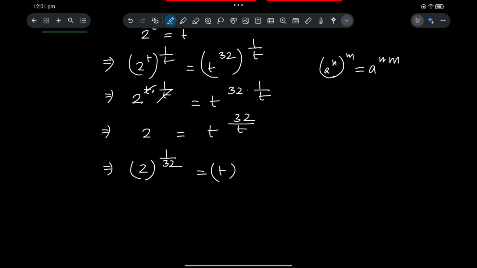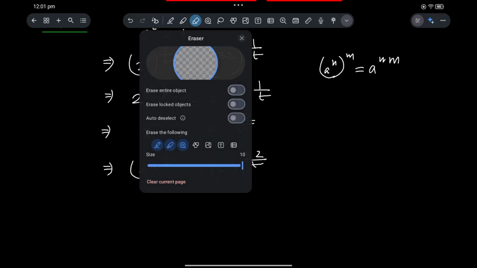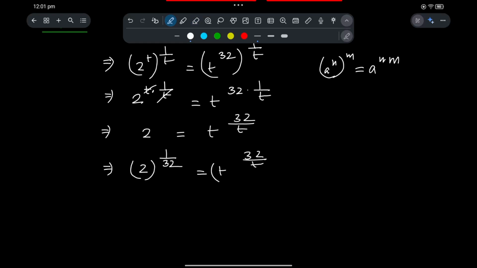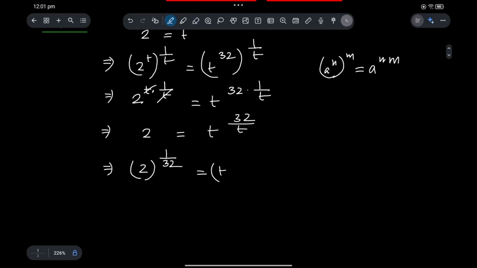Taking the power 1 by 32 on both sides, we get 2 to the power 1 by 32 is equal to t to the power 32 by t, whole to the power 1 by 32.